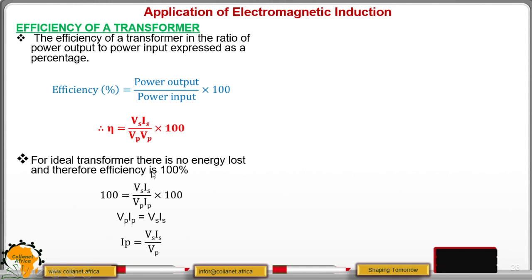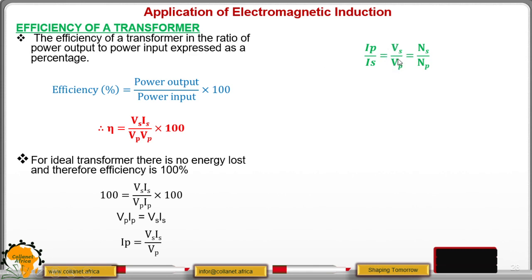Now from this formula, we can make Ip the subject of the formula. If we divide through by Vp, we get that Ip is equal to Vs multiplied by Is divided by Vp. That will give us the primary current. If you divide through by Is again, you will get that Ip divided by Is will be equal to Vs divided by Vp.